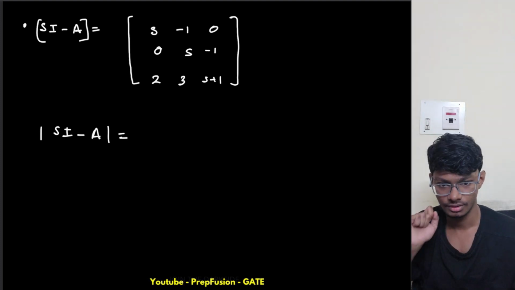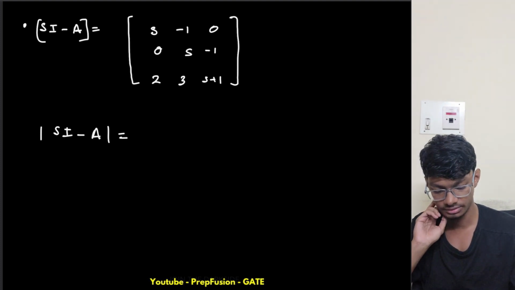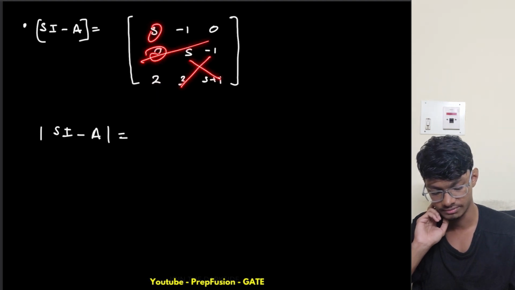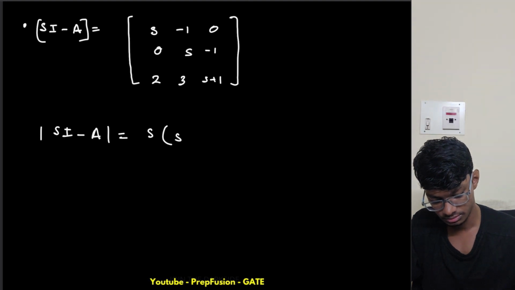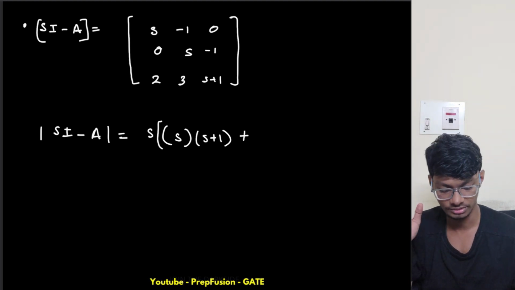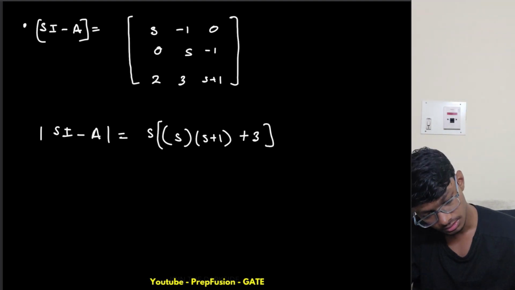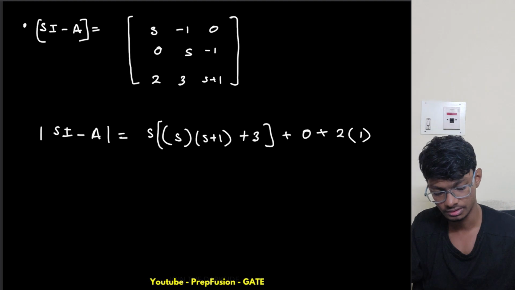What is the determinant of sI minus A? If I take this column, this is s times this times this, and 0 times this gets cancelled, and this is 2 times this one, and this is 0 also. So s times s times (s plus 1), minus minus 1 into 3, and since we are subtracting, this becomes plus 3, and plus 0 here, and 2 times minus 1 into 1, which becomes 2 only, times 0 plus 0.